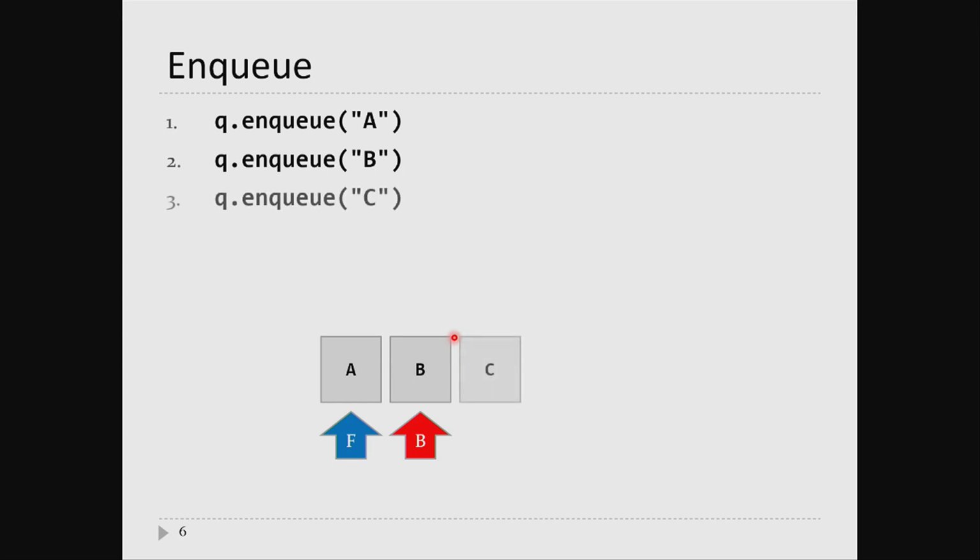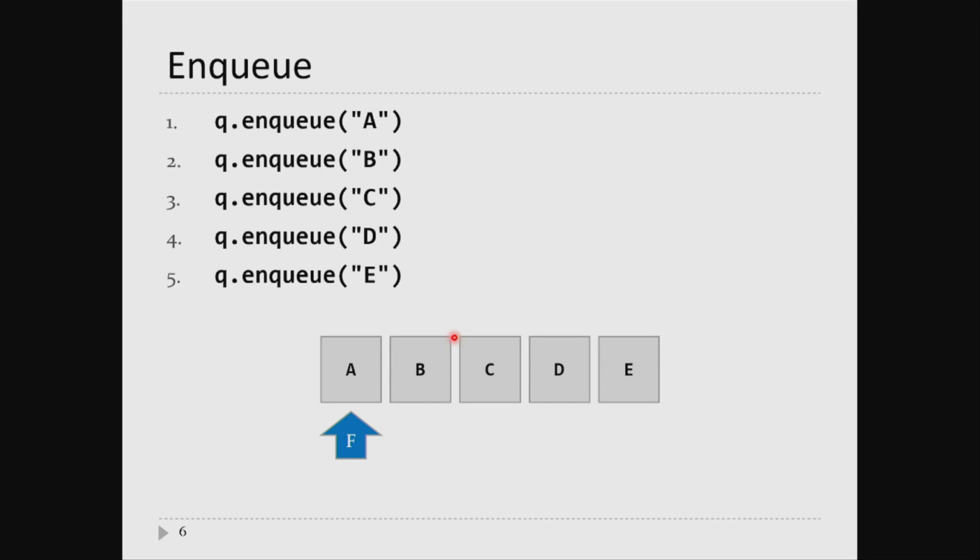You enqueue the C, you add it to the back of the queue, and then you adjust B. Then D, and then E. So B is supposed to always point to the element that's at the back, and F is always pointing to the element that's at the front.